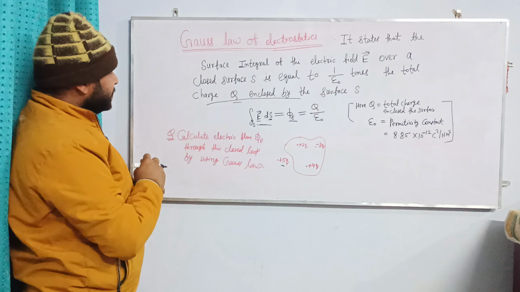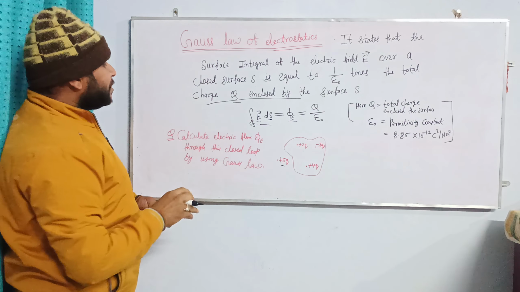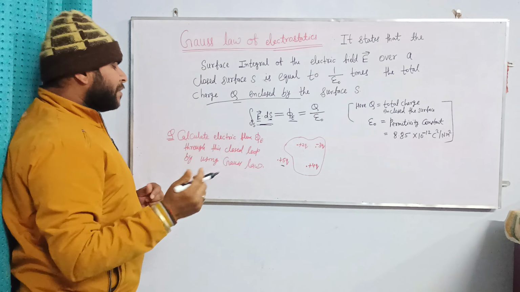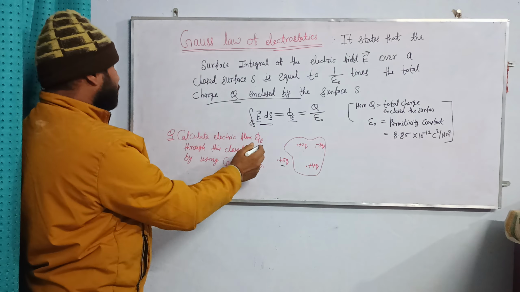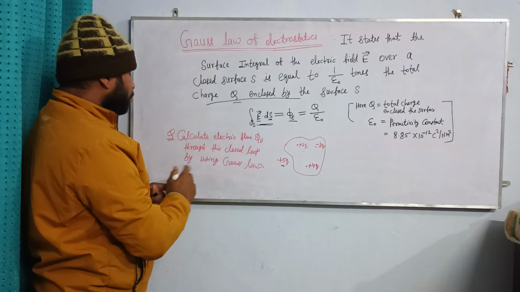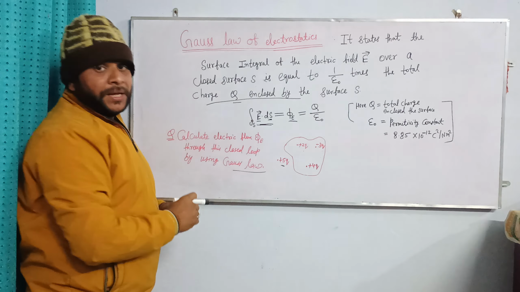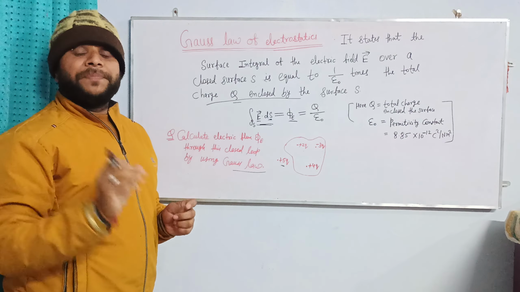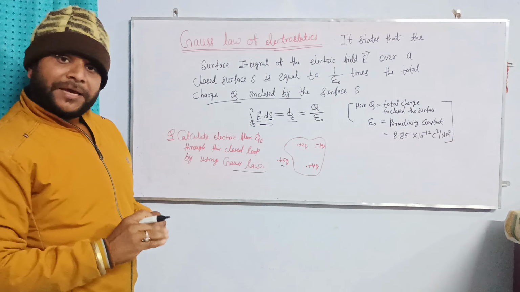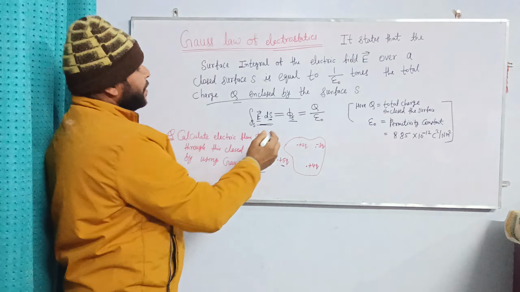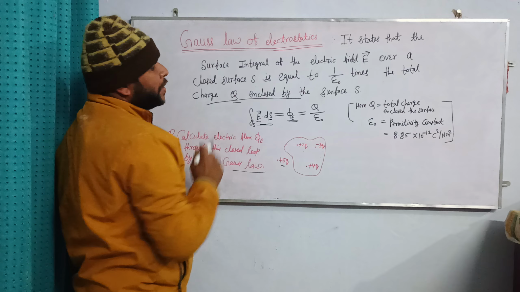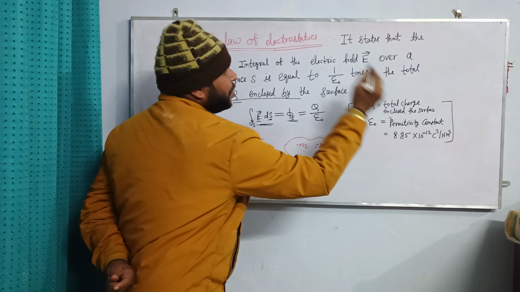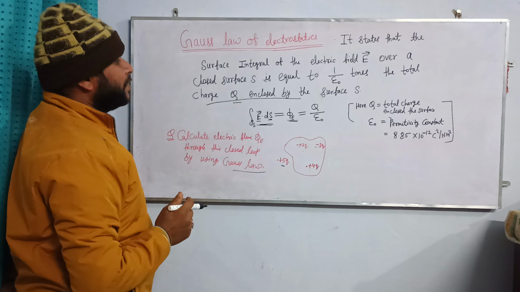I have taken an example. Calculate the electric flux phi E through the closed loop by using Gauss law. If we have to calculate the electric flux in a simple manner, then we can apply Gauss law. What is Gauss law? Electric flux equals Q upon epsilon naught, and here Q is the total charge enclosed by the surface.